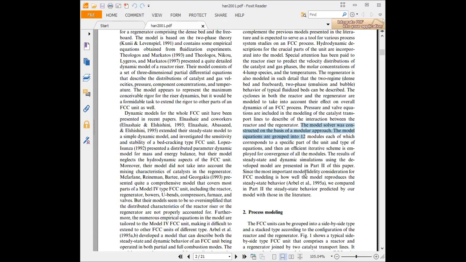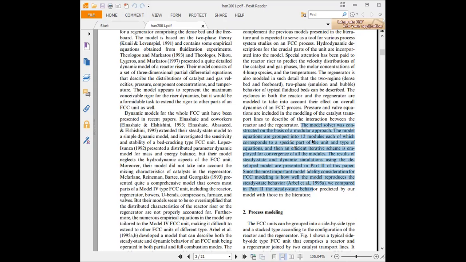Please do remember, whenever you read a research article, the last paragraph of the introduction section gives you an idea about what exact work has been done by that particular group. While reading a research article, the last paragraph of the introduction will give you an overall idea about the work presented in that paper.